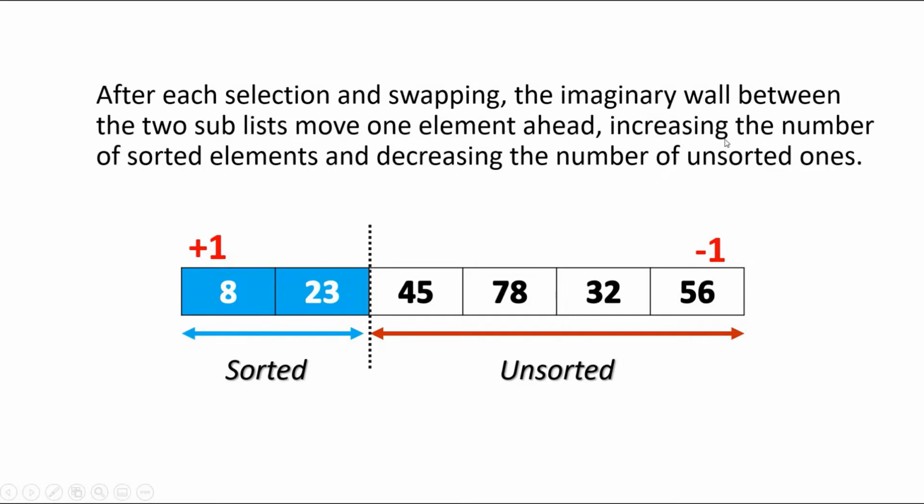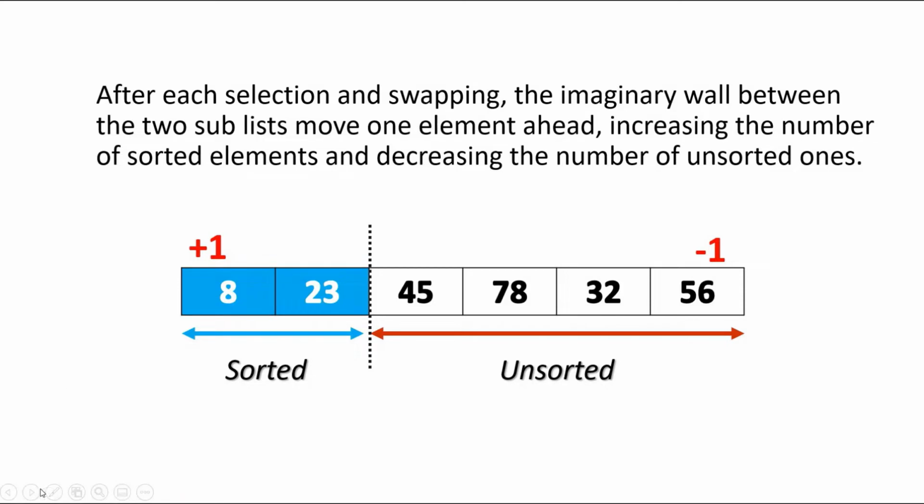By taking the imaginary wall one element ahead, the unsorted sublist was reduced by one element. Earlier it had 5 elements, now it has only 4 elements: 45, 78, 32 and 56, and they are not in sorted form.